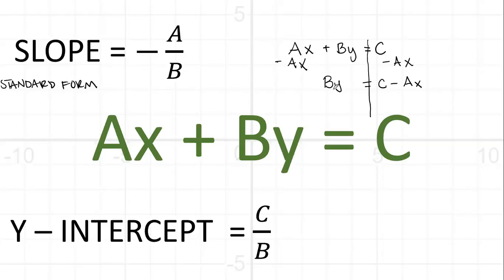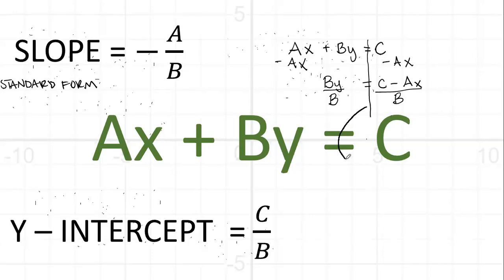So how would I get rid of the b? Good, I would divide by b. So I'm gonna divide by b on both sides. When I do that, it gives me y equals c divided by b and negative ax divided by b.